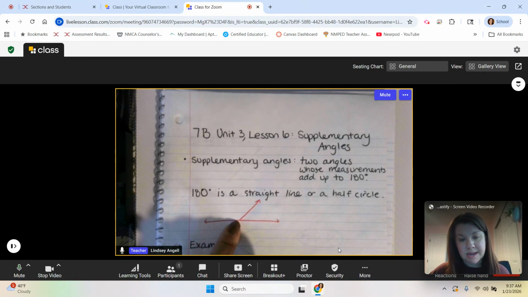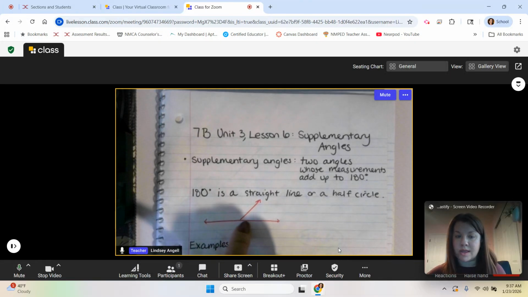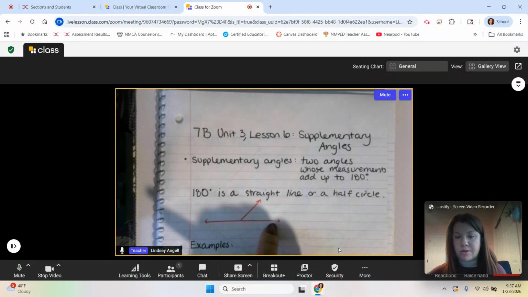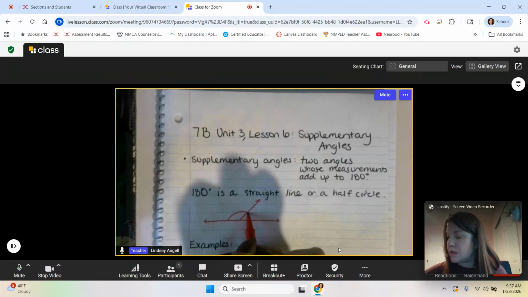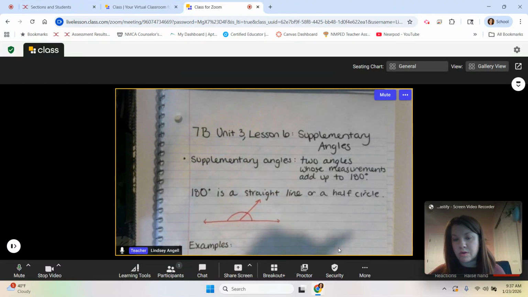At least in this setup I have them as adjacent, but they create this straight line when they are smushed together like that. When we think half circle, here's the measurement of this angle, here's the measurement of this angle, and if you notice, had I drawn it perfectly, it would have been a half circle. Okay, so that's what that refers to.